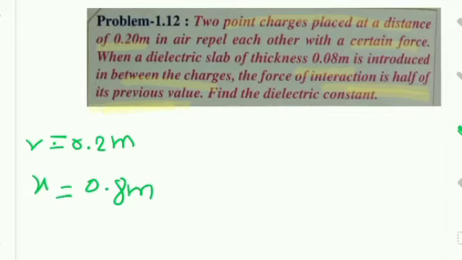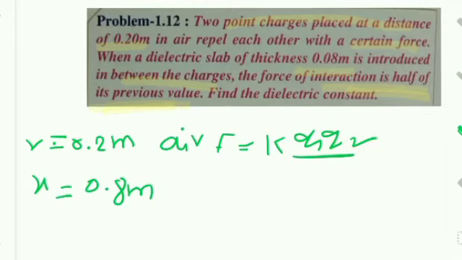Now electrostatic force in air F is equal to K into Q1 Q2 by 0.2 whole square.